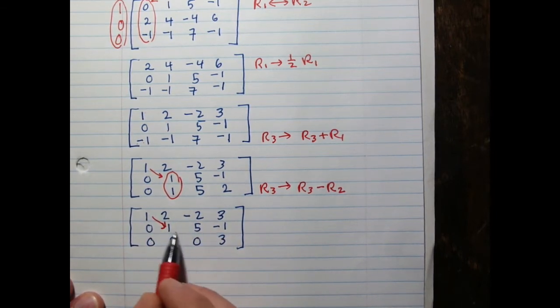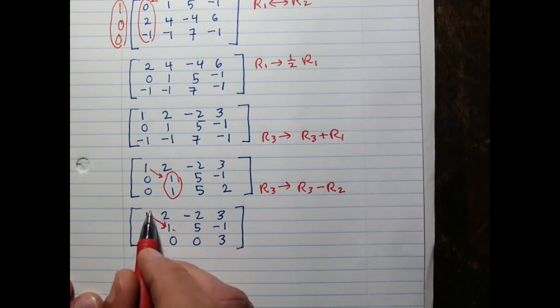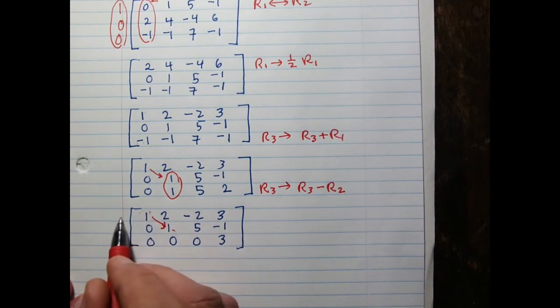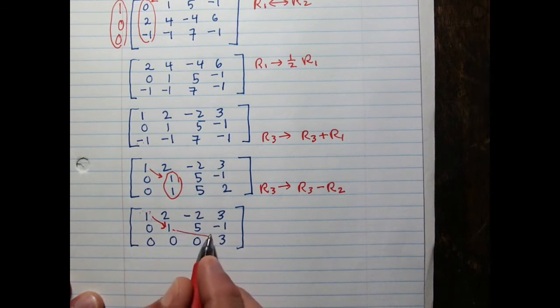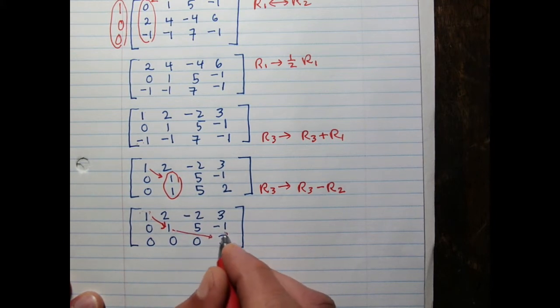Now we haven't seen this situation yet. This 1 is the first position of the first row. Then this 1 is the first non-zero position of the second row. Sometimes as I come down trying to get my rows in position, I don't go strictly diagonally. If I have all zeros leading up to a certain point, I have to go to the first non-zero position. So I'm now going to move all the way over to this 3.